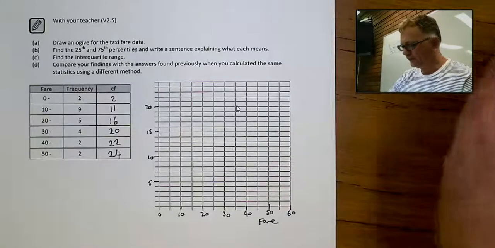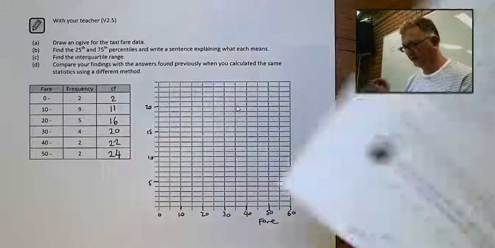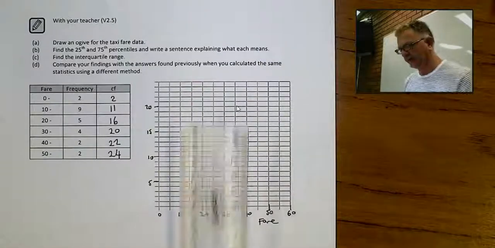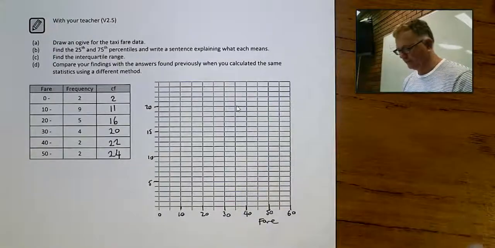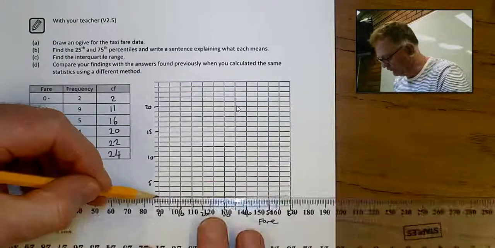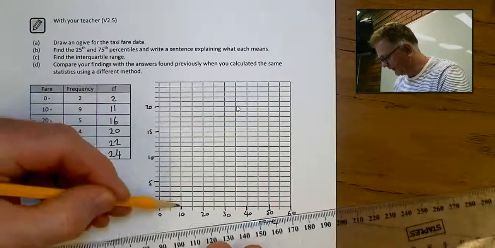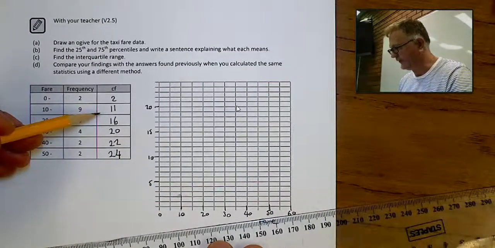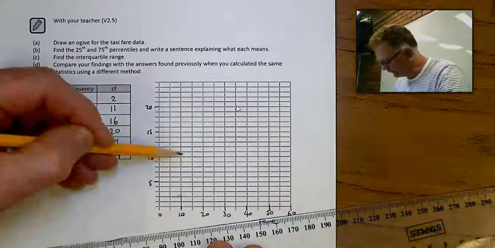It's often best to draw a cumulative frequency histogram first and then just try and fit your ogive inside it. So from 0 to 10 we had 2, and then from 10 to 20 we had, by that stage, counted 11 scores. So that will take us up to 11.